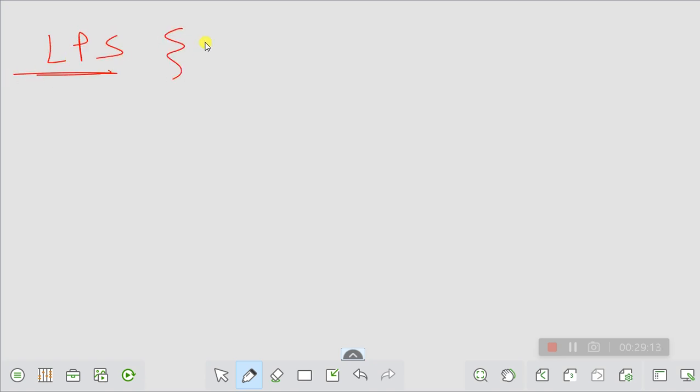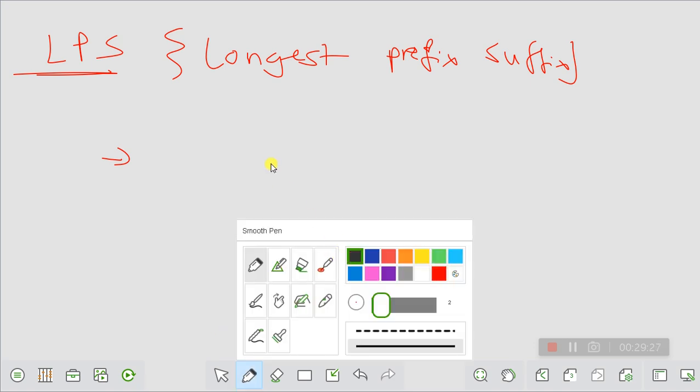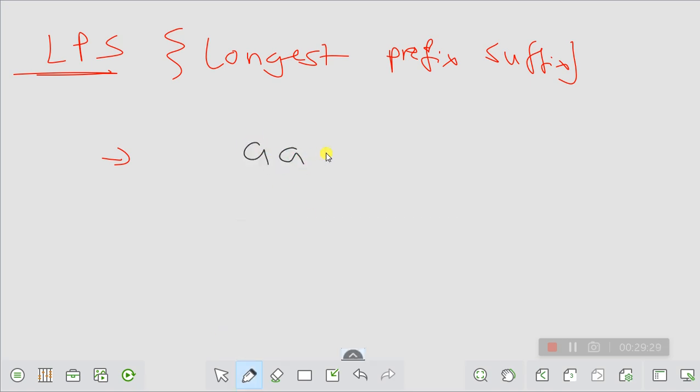Longest prefix suffix, so this is nothing but longest prefix suffix. Okay, so for the LPS array, I'm going to take an example, and with that example I will explain how LPS is calculated. So if AAAB is what I have, I'm going to write the prefixes and suffixes.